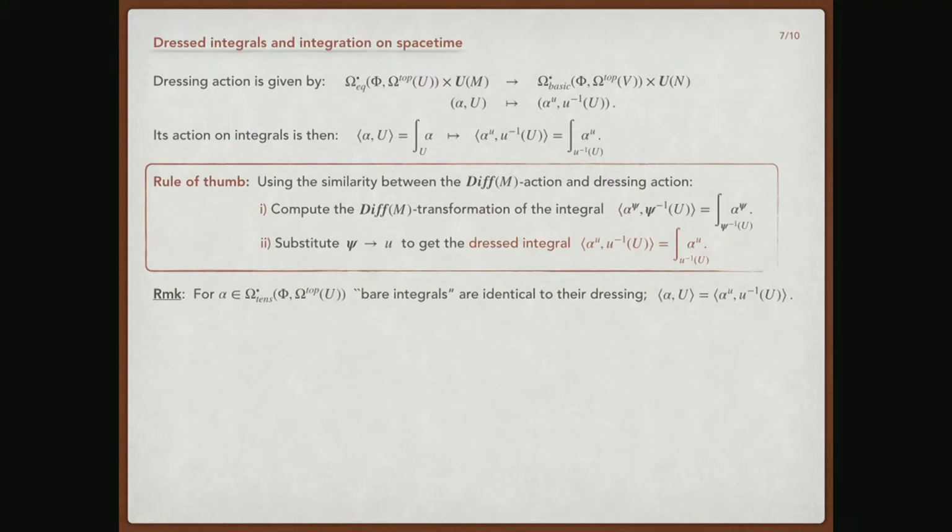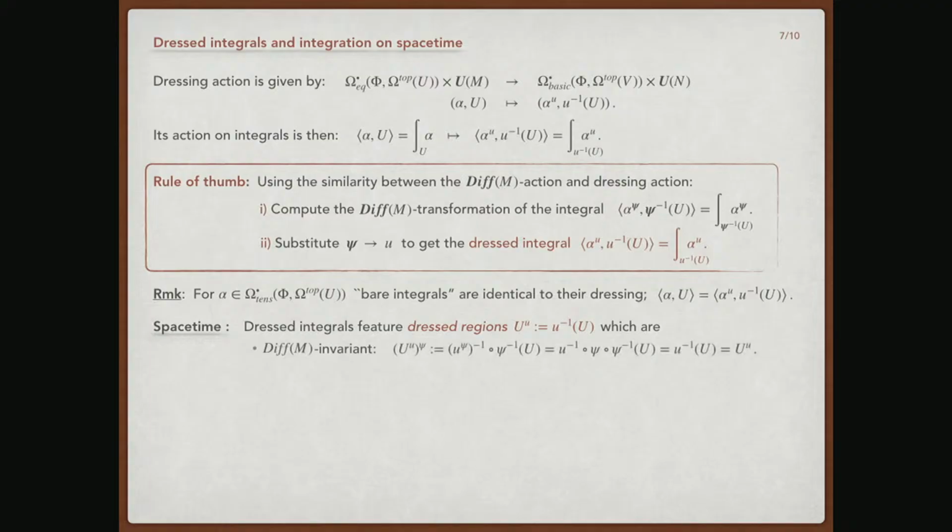And okay, so let's remark about spacetime. These dressed regions are diffeo invariant by definition, given how diffeos act on u and on the dressing field. So we have defined diffeo-invariant regions, and they are defined in a field-dependent way, because remember that there are field degrees of freedom in u, in the dressing field.